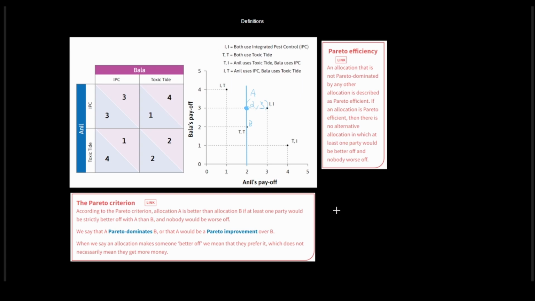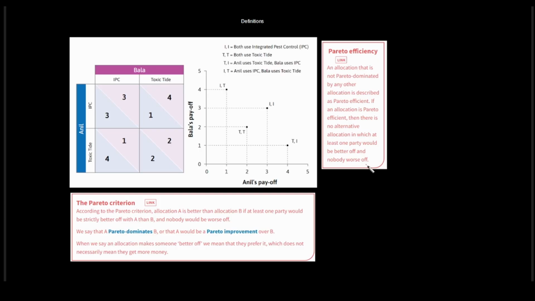Okay, let's clean this up here. We can then get to the second set of definitions, the bit over here on the right, which is taking a look at Pareto efficiency. Just to read that off: an allocation that is not Pareto dominated by any other allocation is described as Pareto efficient. So the only definition here is that it's not dominated.